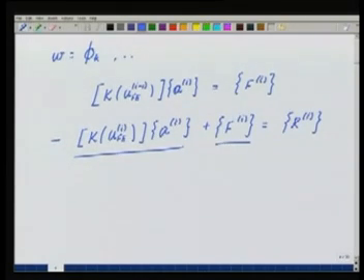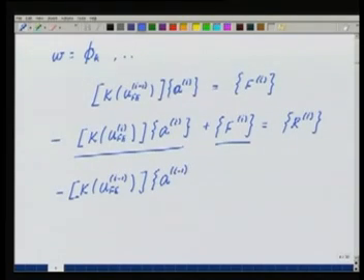Okay. So similarly, I will have minus of K, U_FE at the step i minus 1, into A at the step i minus 1, okay, plus F at the step i minus 1, this is equal to R_{i-1}.